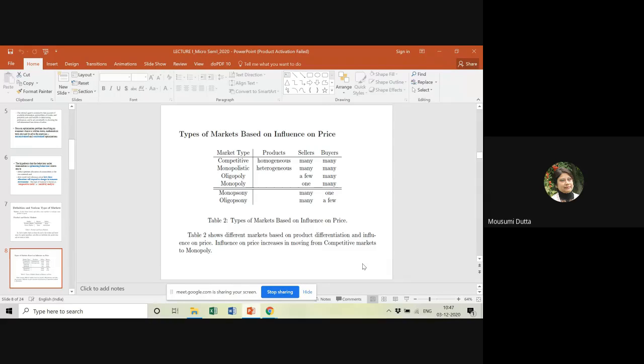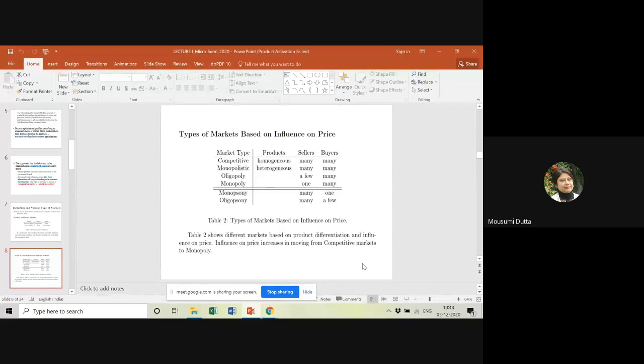So in that case, the buyer has more information compared to the sellers. In case of the second-hand commodity market, sellers have more information than buyers. In case of insurance, especially health insurance, buyers have more information than sellers.